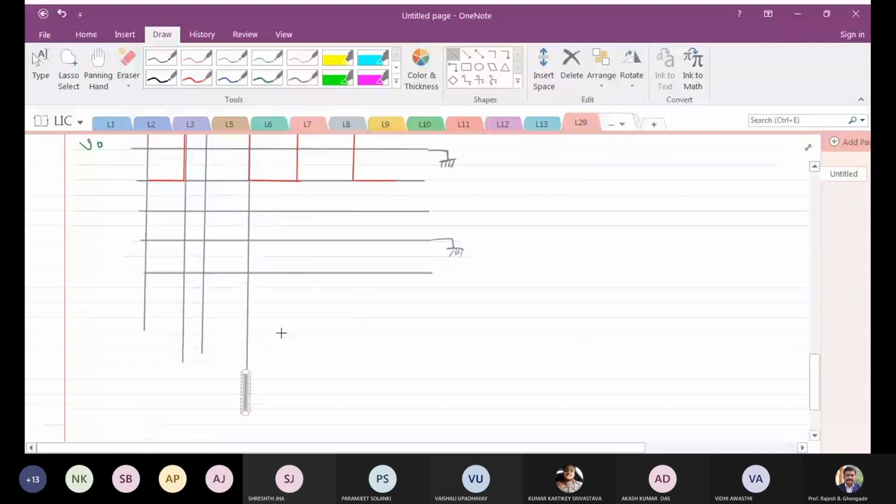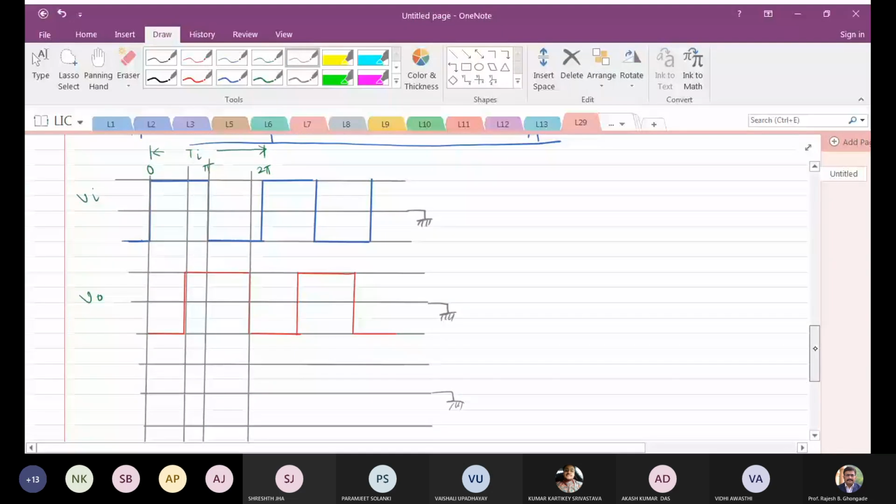It's very, very tough basically to draw the lines.